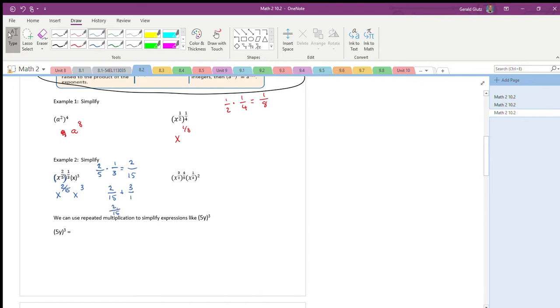So 2/15 plus 45/15, because if I multiply 15 times 1 and 15 times 3, I get 45/15. 2 plus 45 is 47, and the denominator stays the same, so 47/15. Our answer would be x to the 47/15.